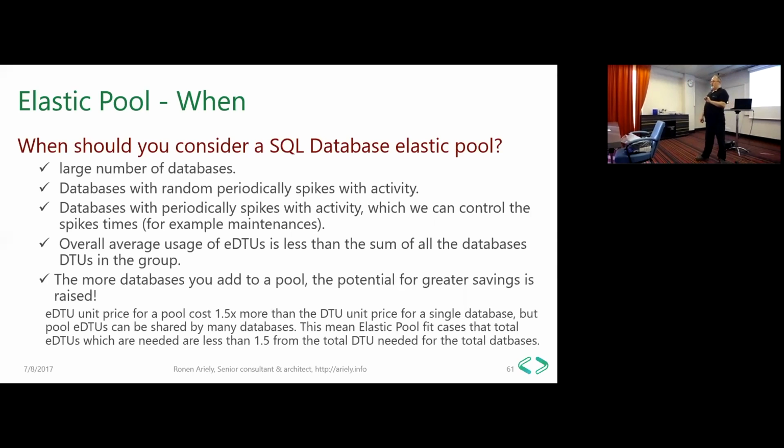The first rule that you need to remember is this. Elastic Pool uses shared resource units, eDTU. eDTU costs 1.5 times more than a simple DTU, meaning that what you need to check is if you can gain more than 1.5 resource units, then this is probably something that you need to consider moving to Elastic Pool.